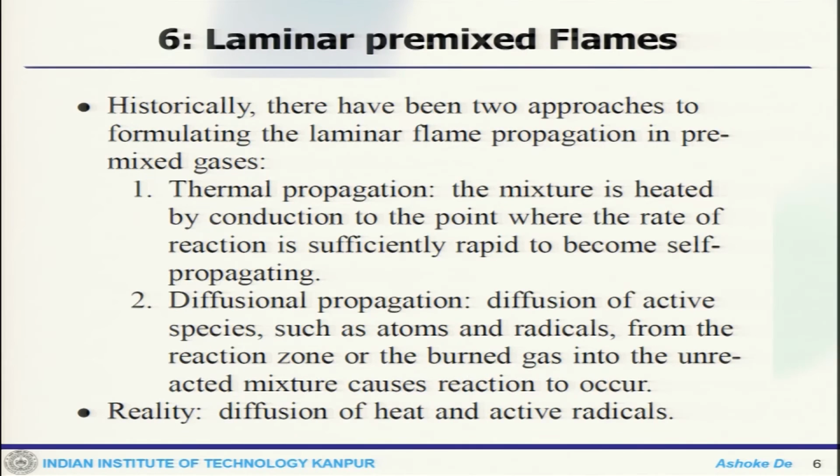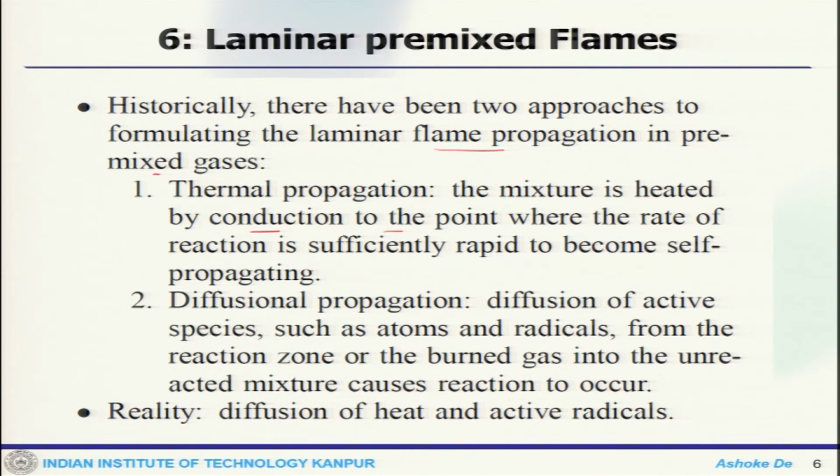Now, to go back a little bit to the history, there are essentially two approaches to formulating the laminar flame propagation in premixed gases. First one is a hypothesis which talks about thermal propagation. That means the mixture is heated by conduction to the point where the rate of reaction is sufficiently rapid to become self propagating.